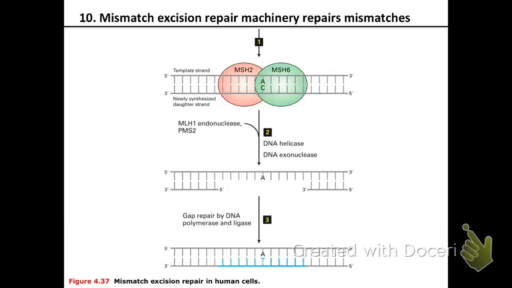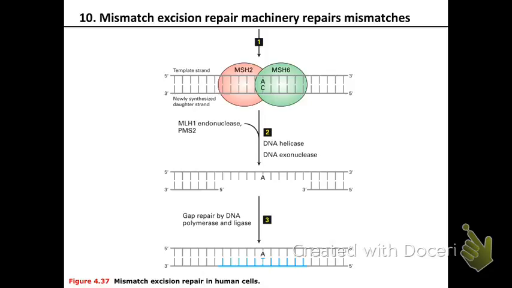The repair machinery that fixes the problems coming out of the DNA polymerase is called the mismatch excision repair. This machinery recognizes the mismatches that are due to incorporation of the wrong base. It is done by a number of enzymes that travel with the DNA polymerases during replication, and they have a mechanism to sense which of the strands is the newly synthesized strand and which is the parental template.